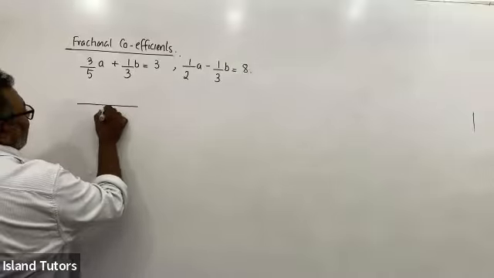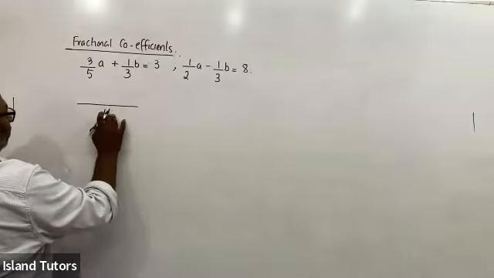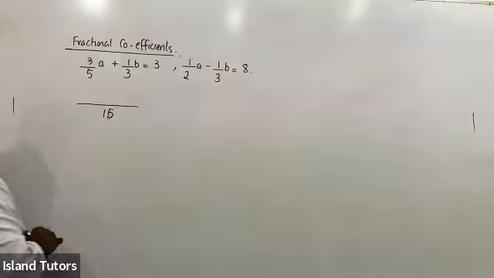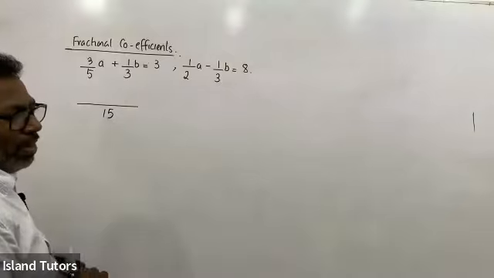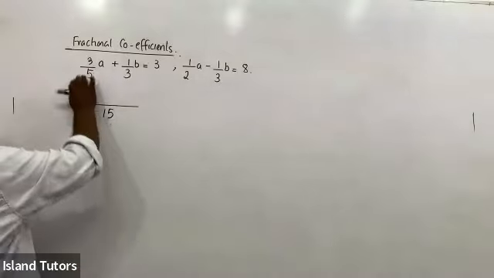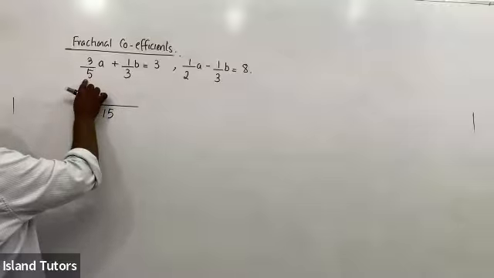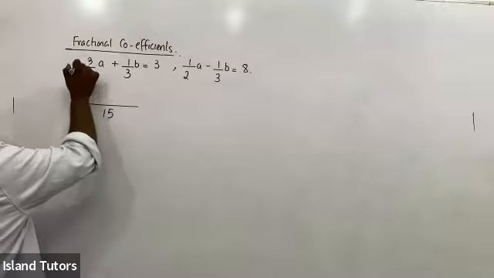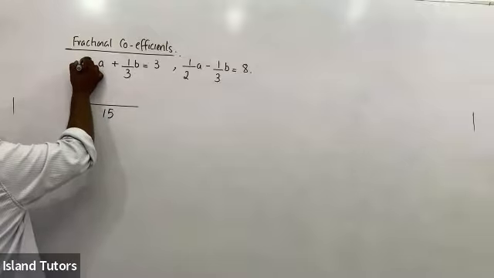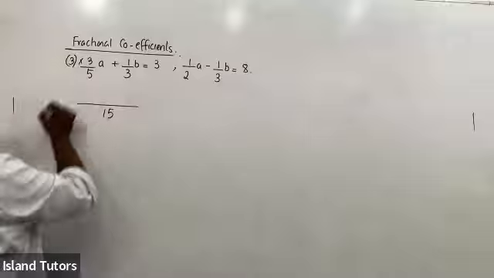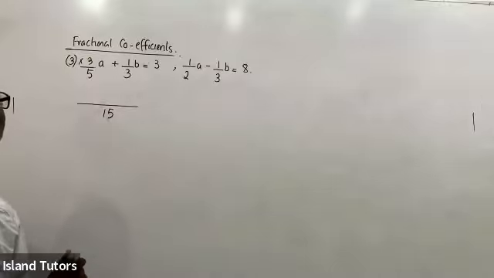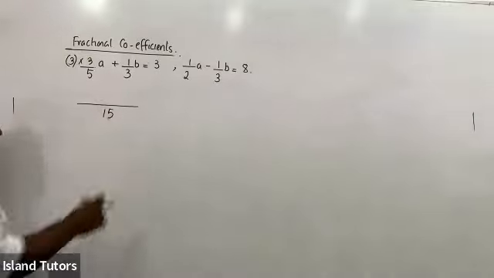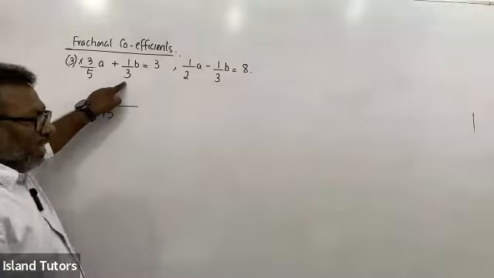You're going to take this as 15. Right? 15 is your lowest common multiple. So this side of your fraction, you have 5 here. So 15 divided by 5, you're going to get 3. You have to multiply by 3. Right? So this side of your fraction, you have 3.